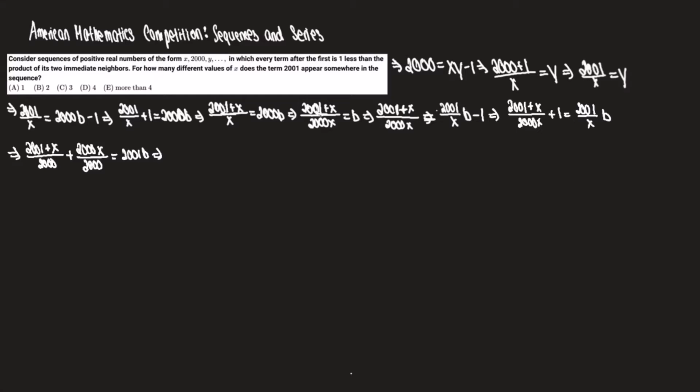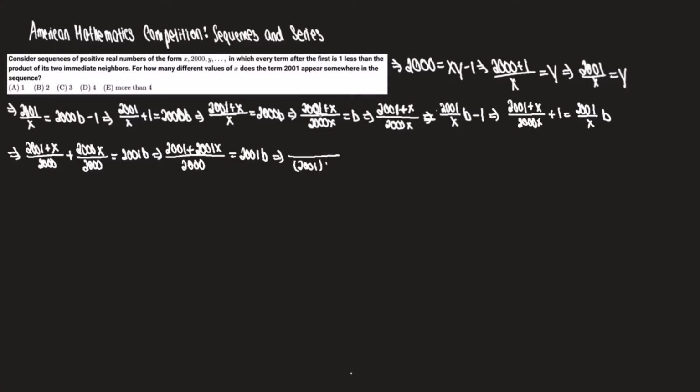Alright, let's simplify the left hand side. We get 2001 plus 2001x divided by 2000 equals 2001b. Now if we divide by b, a lot of things cancel out.